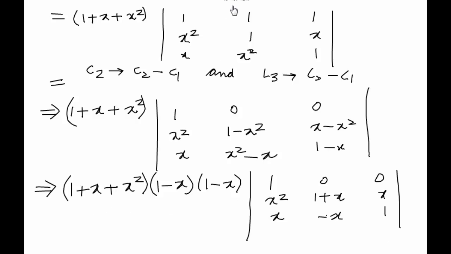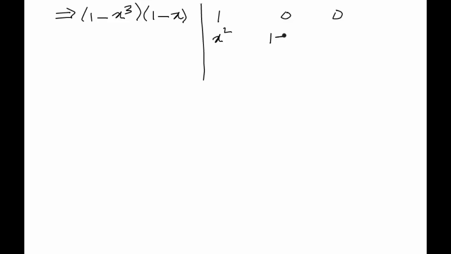So seeing these two terms together, I get reminded of 1 minus x³. We write (1 − x³)(1 − x) times determinant 1 0 0, x² 1 plus x, x minus x and 1.